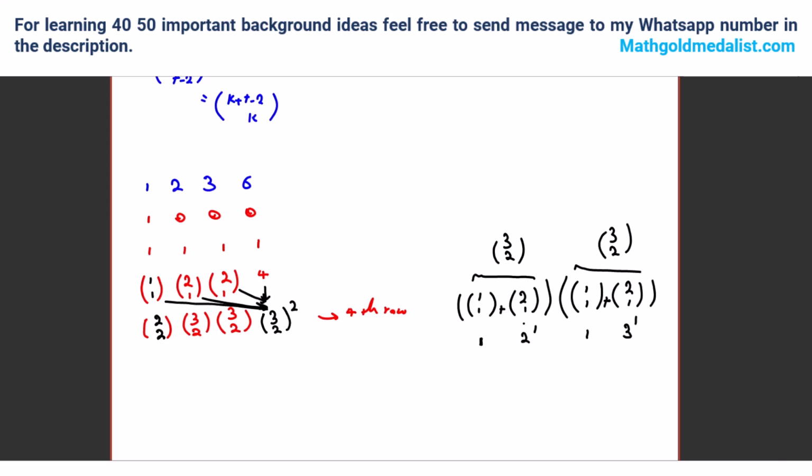So when we write like this, this one is similar to 1, this one similar to 2, this one similar to 3, this one similar to 6. You can create all of them. 1 choose 1 times 1 choose 1 creates this one. This one creates this one. This one creates 3, and this times this creates this one, 4. Right?